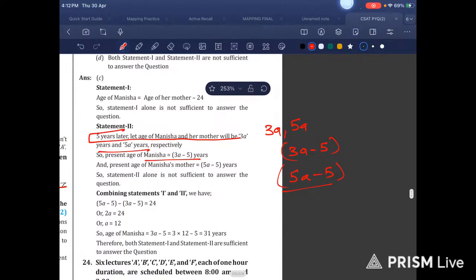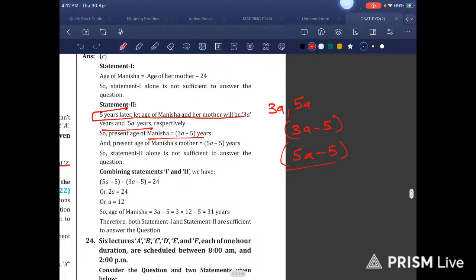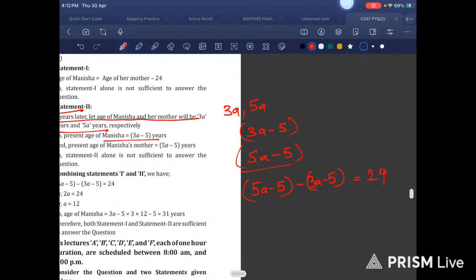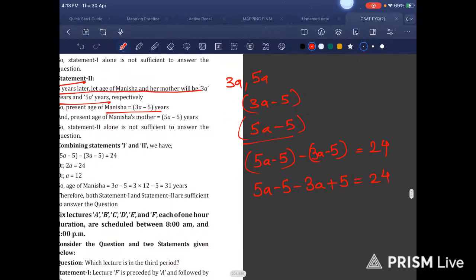And if we combine both these two statements, we have 5A minus 5 minus 3A plus 5 is equal to 24. And this will become 2A is equal to 24, and A will become 12.